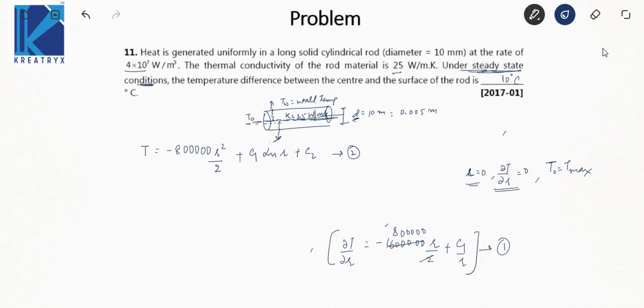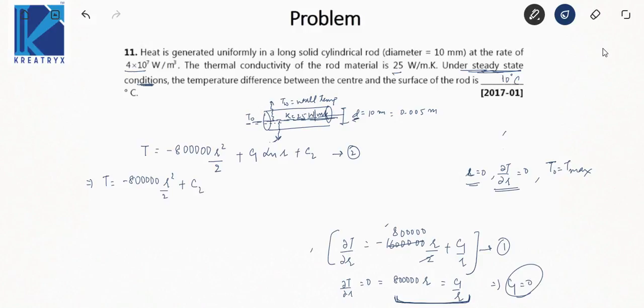So what happens, del T by del R is 0, which is equal to C1 by R. For this equation to be true, C1 has to be 0. Okay, so we get C1 is equal to 0, and the equation for T becomes R square by 2 plus C2.